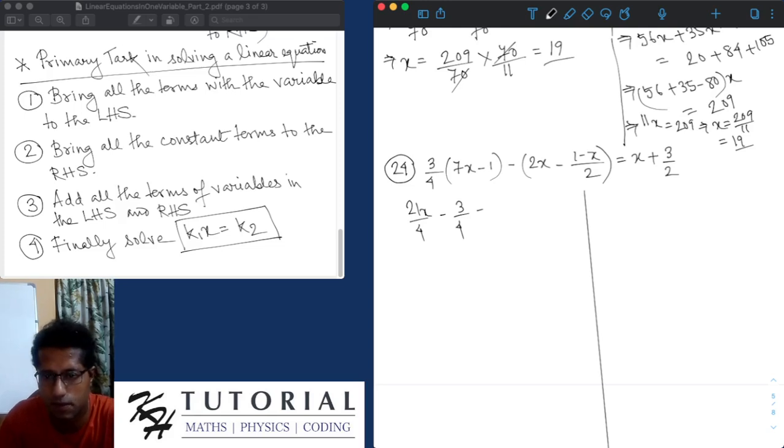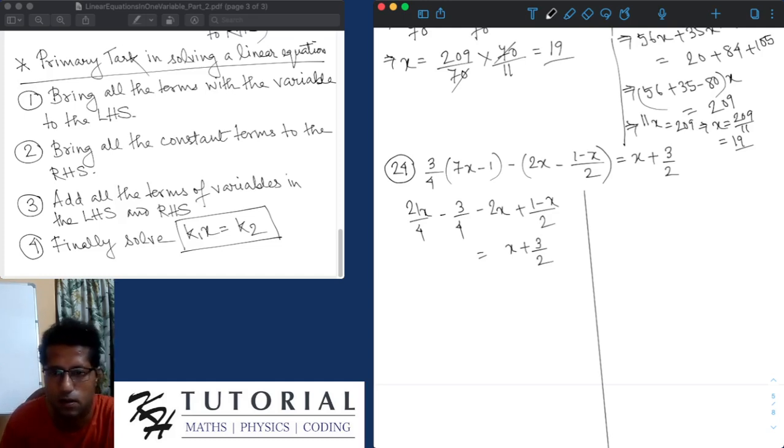So 2x becomes minus 2x, and 1 minus x by 2 becomes 1 minus x by 2, and the RHS is x plus 3 by 2.